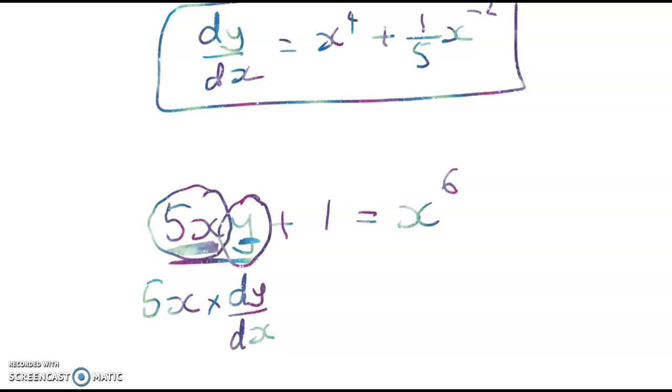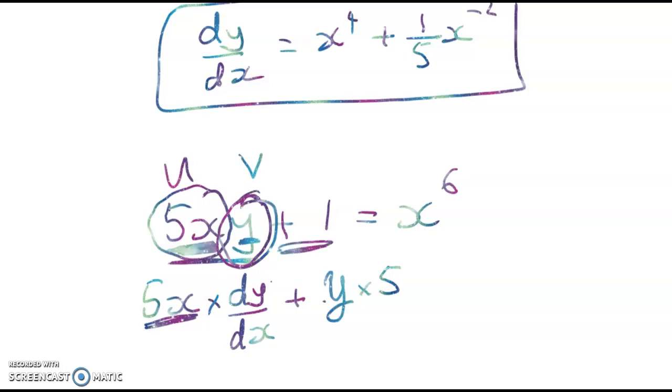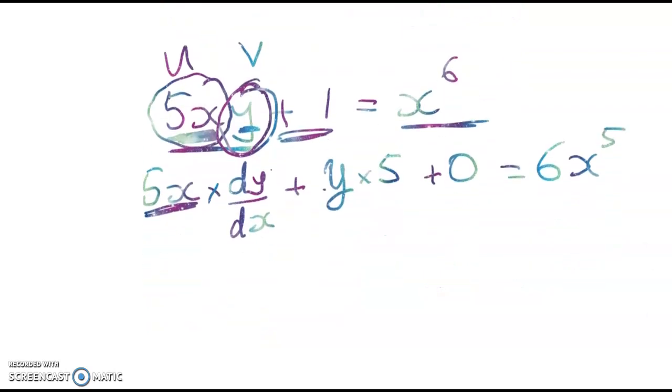So 5x times dy by dx plus, what's next? y times 5. Right, so we leave this and differentiate this. So this is u and this is v. Okay, and then when we differentiate the plus 1 we get 0, and when we differentiate the right hand side we get 6x to the power of 5. So the only new thing in that question is the product rule.